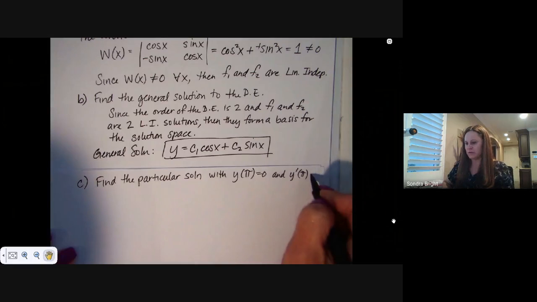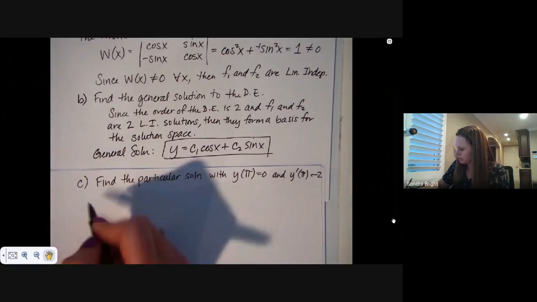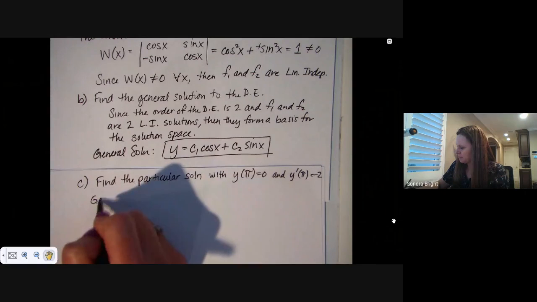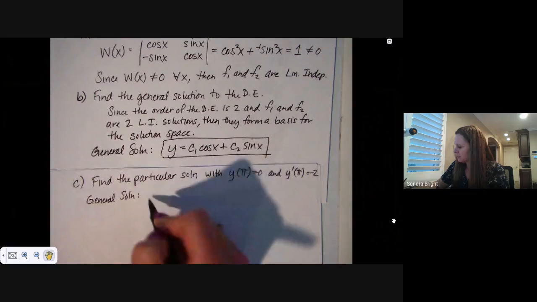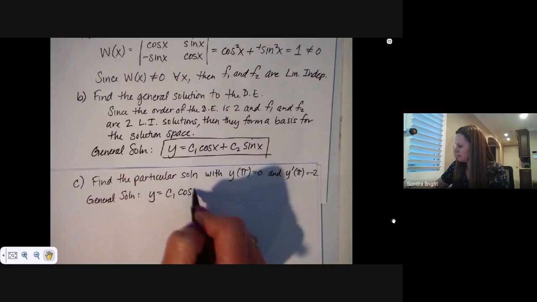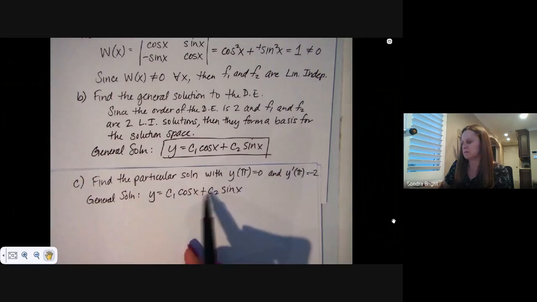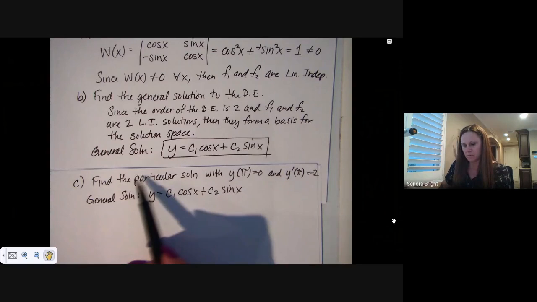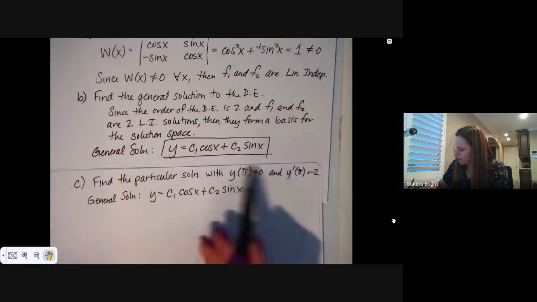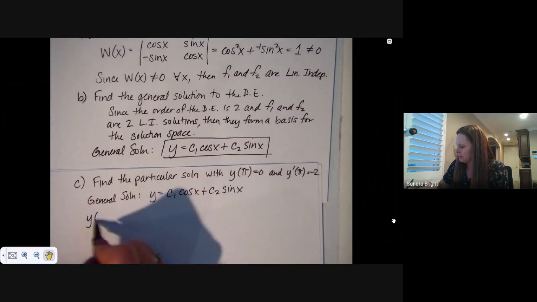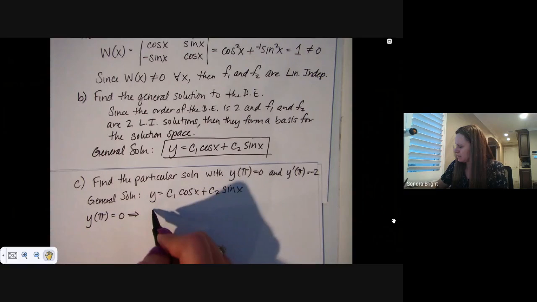These are the two values we were given. We start with the general solution, y equals c1 times cosine of x plus c2 times sine of x. Now we're trying to solve for c1 and c2. That's what the particular solution will be: we'll have numbers here. What they gave me is y of pi equal to 0, which means plugging in a 0 for y and a pi for x.